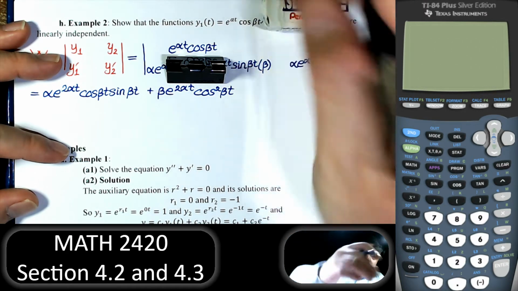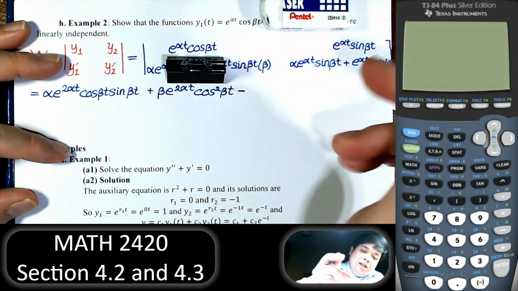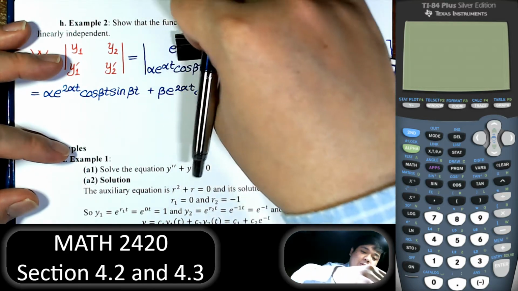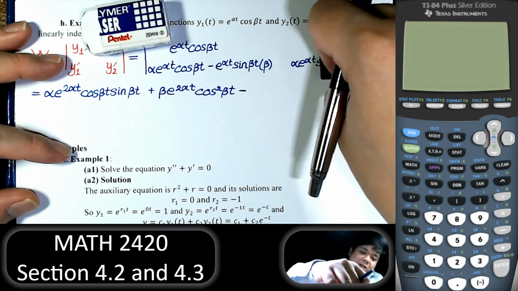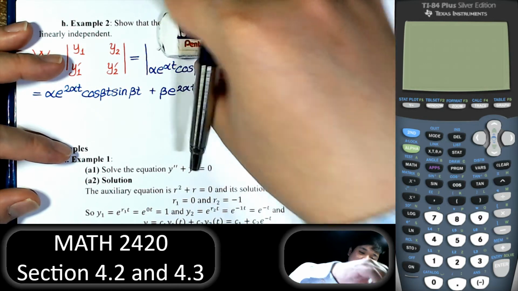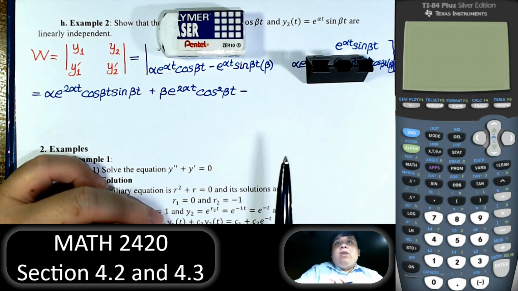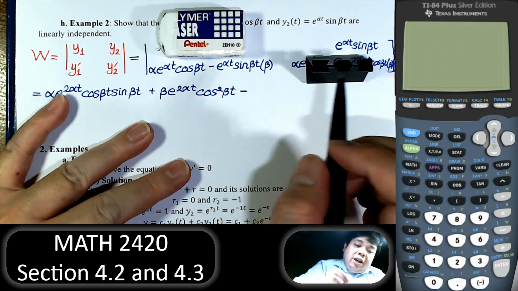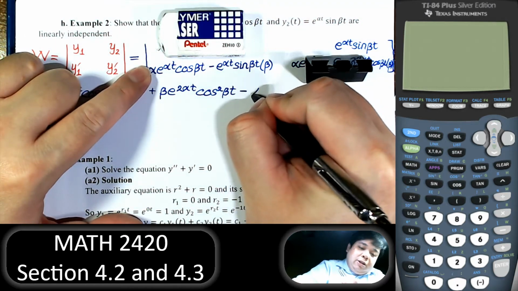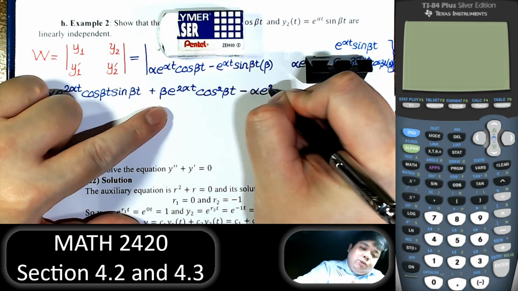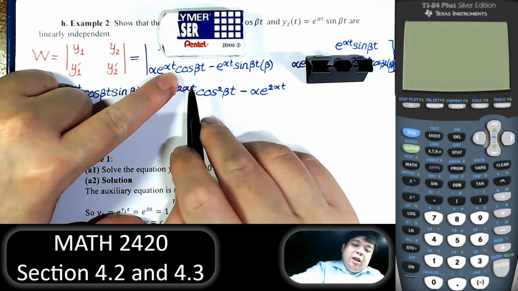Now, of course, we subtract the other product. So times that we have alpha e to the 2 alpha t cosine times sine.